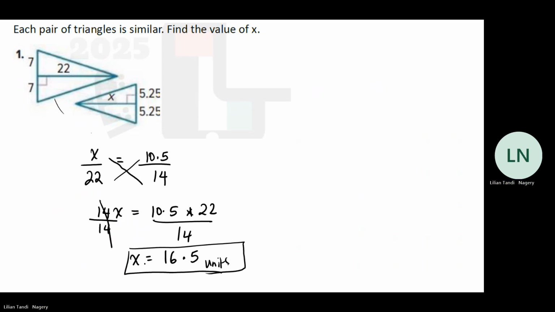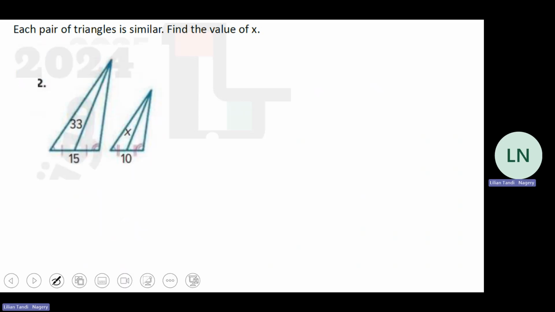Okay, so add this, that should give you 10 and a half. Add this, should give you 14. Okay, all right. So here we'll do 33 over 15 equals x over 10.